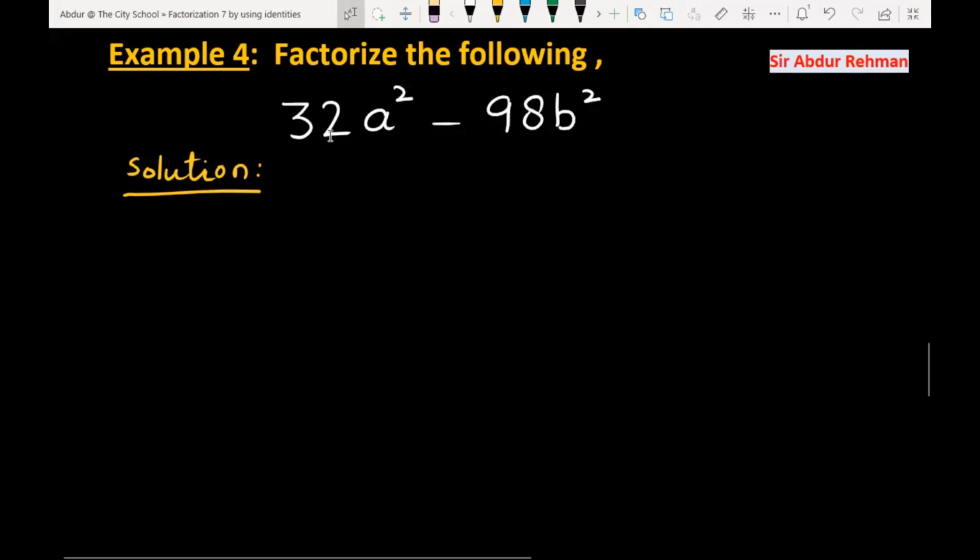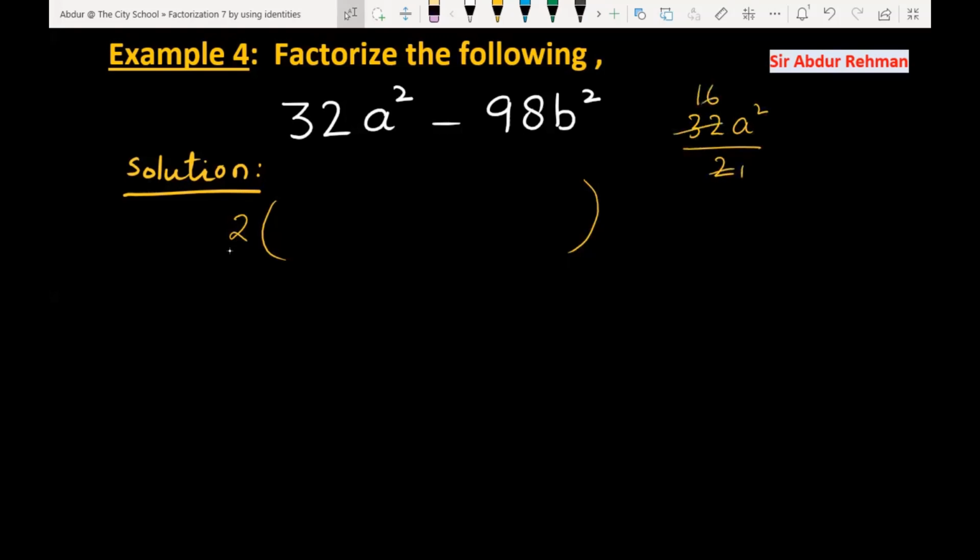So the 32 and 98 is divisible by 2. So the common is 2 here. And for this bracket, what will you do? Divide 32a square by the common 2. 2 16s are 32, so 16a square.